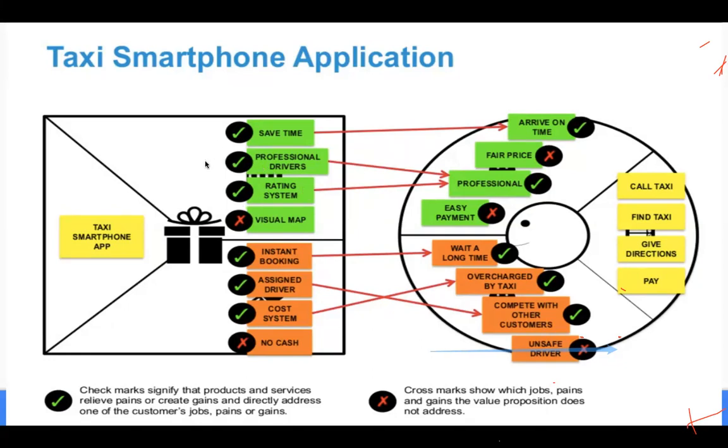These are gain creators. Rating system, they added a rating system in the application. They added a visual map. They added a professional driver. These are pain relievers up here.